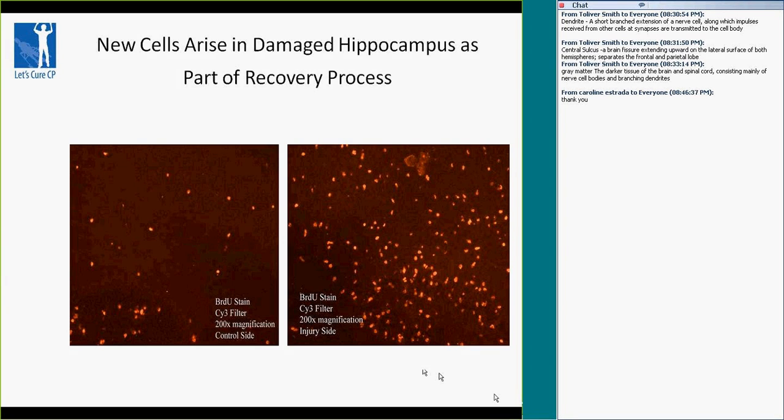The DNA has incorporated this protein, and we've attached a fluorescent marker to it, so they fluoresce like this. On the left side, you've got very, very few new cells, and this is a brain that has not been damaged. In the right picture, there are many, many more new cells in the brain that has been damaged. So there is a response. There are cells recruited to the site of injury in brain damage.